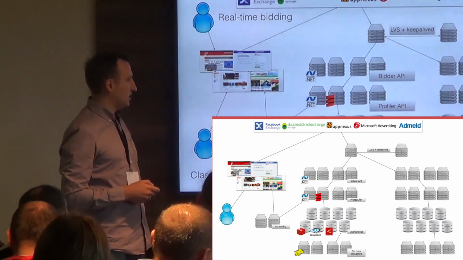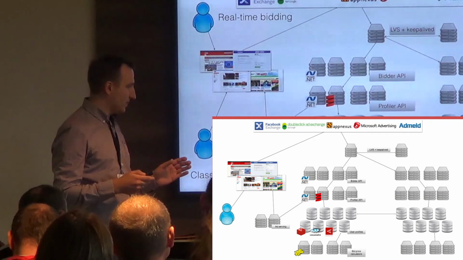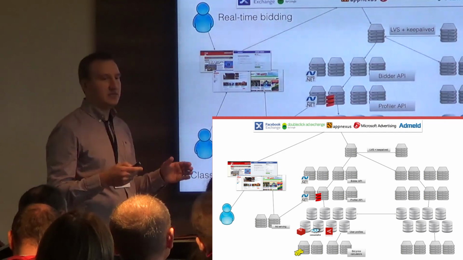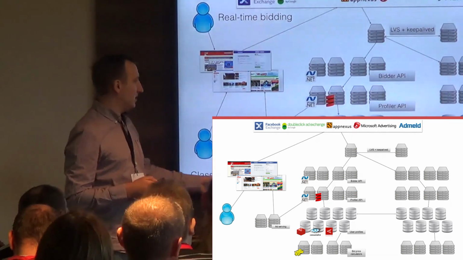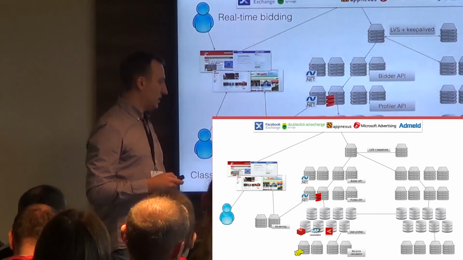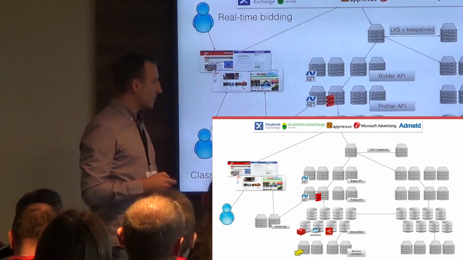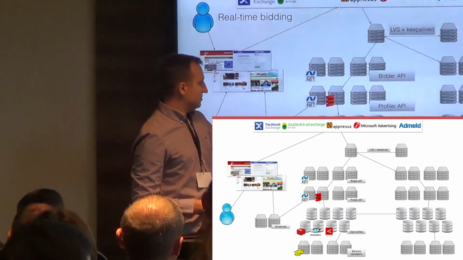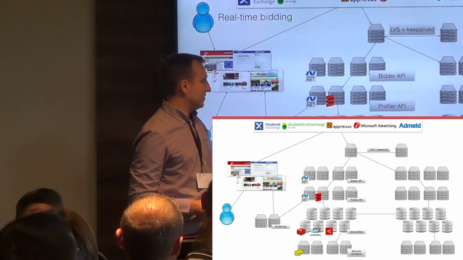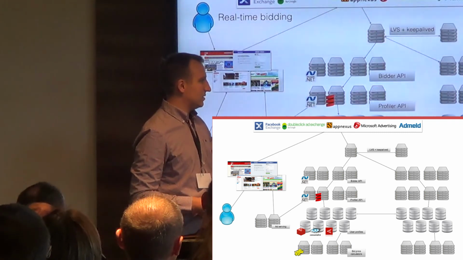For real-time bidding, all the data that needs to be processed, like calculating bid prices for effective bidding, is done in Hadoop on the Amazon cloud. And as I said, there are two data centers, and they are always hot, so they're working all the time.